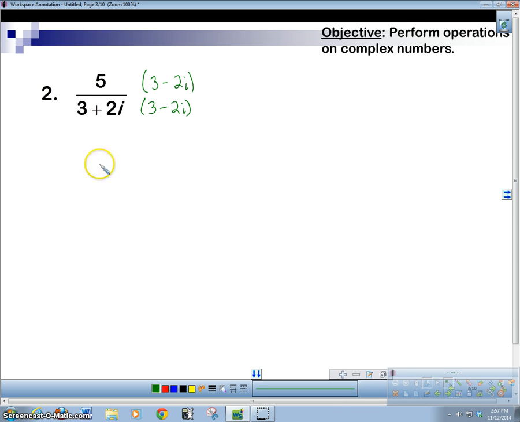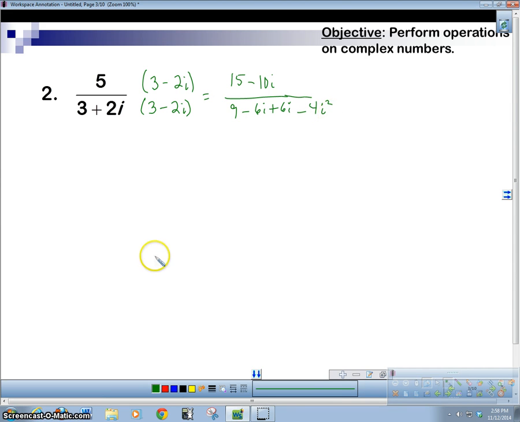So what we're going to do here is multiply this guy out. So we're going to get 15 minus 10i. And then remember that we could multiply this whole sucker out, right? We could FOIL the whole thing out. And if we do, we're going to get 9 minus 6i plus 6i, and then negative 2 times 2 is going to be negative 4i squared, right?